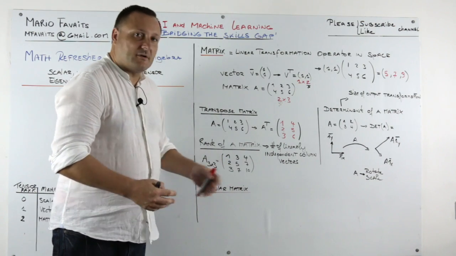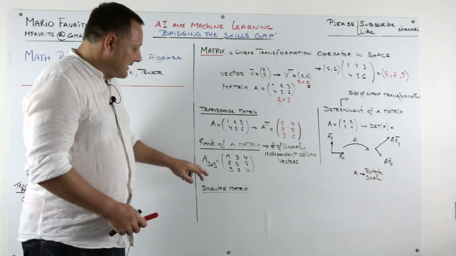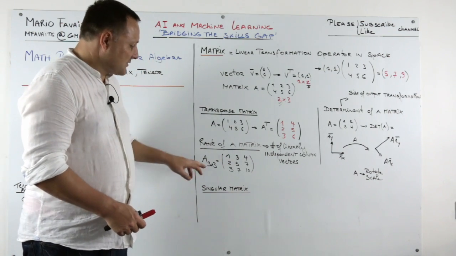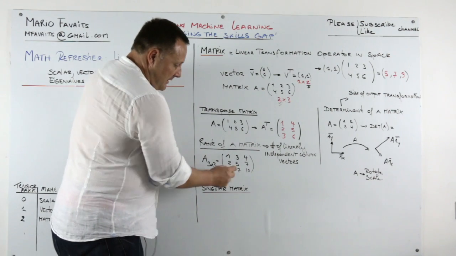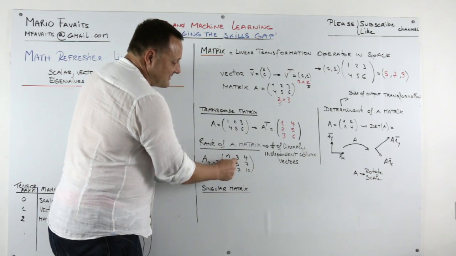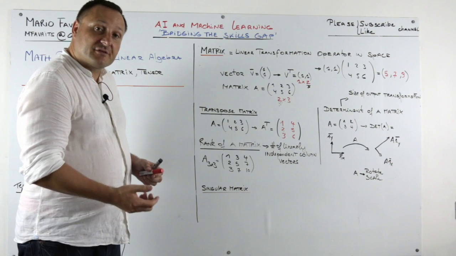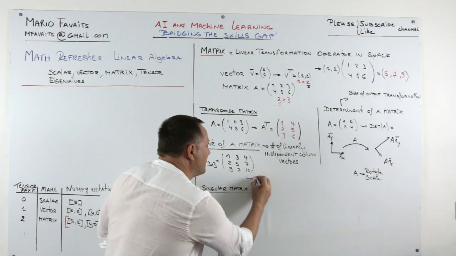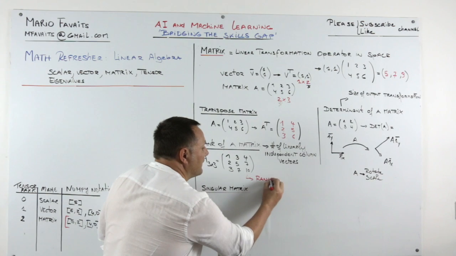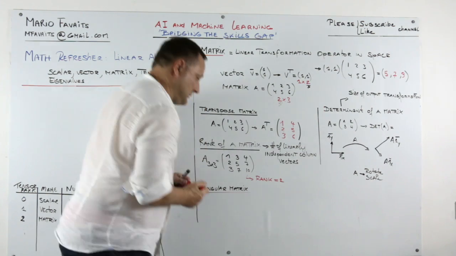If all these columns are linearly independent, the rank of that matrix would be 3, and the matrix would be full rank. But if you look carefully, you see that the third column is just the addition of the 2 previous columns. So that means that the rank here is 2.